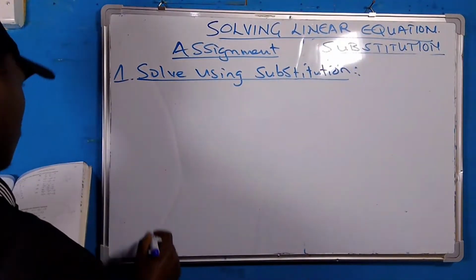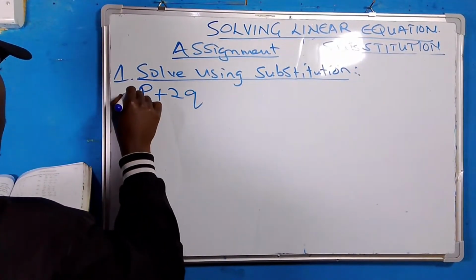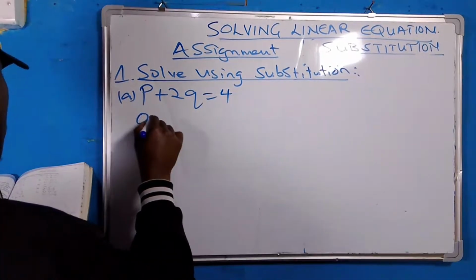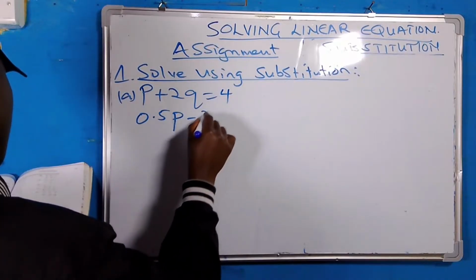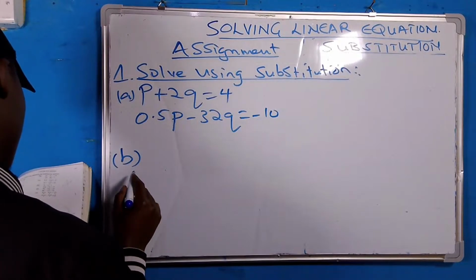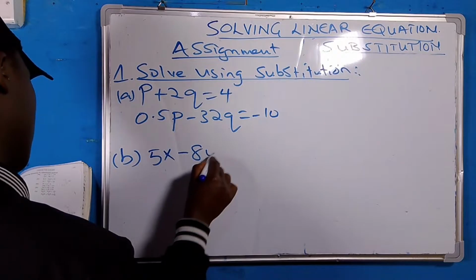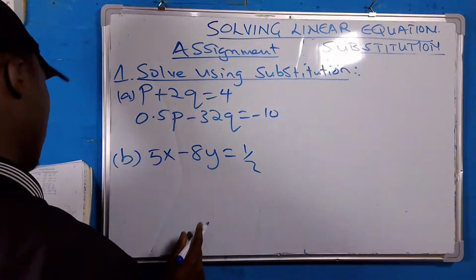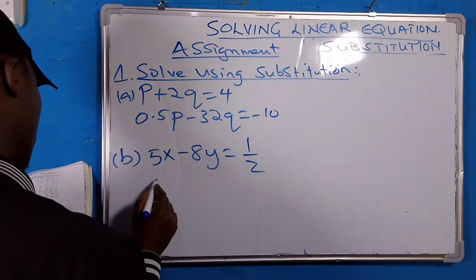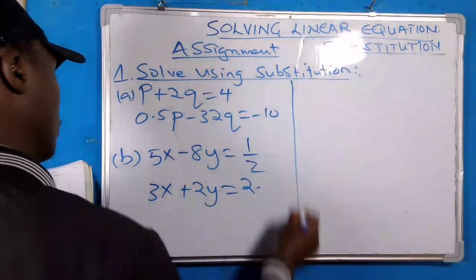And once you solve, P plus 2Q, this is the first one, is equal to 4, and 0.5P minus 32Q is equal to negative 10. Part B, we have 5x minus 8y is equal to a half, or 1 over 2. Then 3x plus 2y is equal to 2.